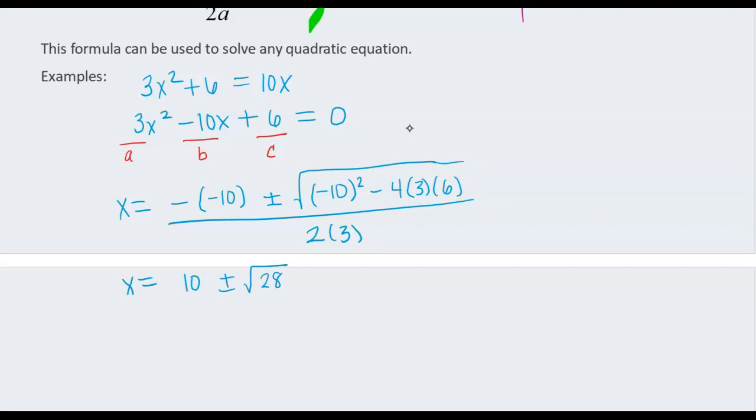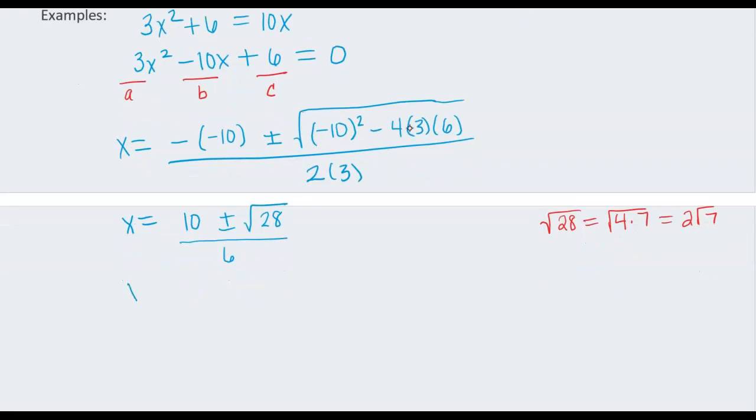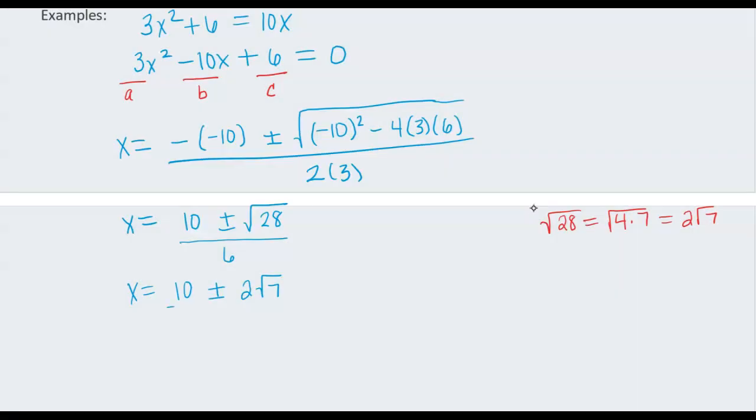Yeah, that's 28. And then divided by 6. 28 is 4 times 7. So that'll end up being 2 times the square root of 7. So we have that x is equal to 10 plus or minus 2 times the square root of 7 over, got to plug in my calculator or computer, over 6.